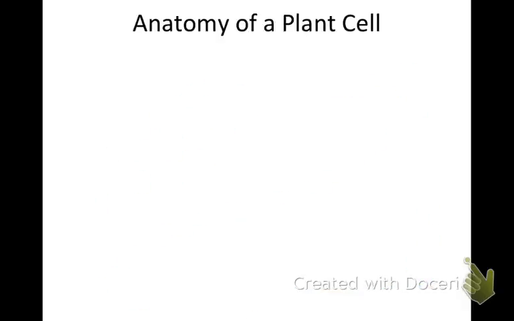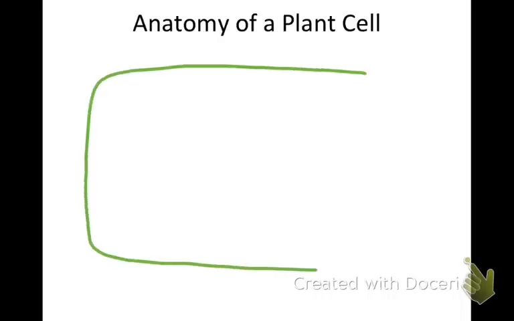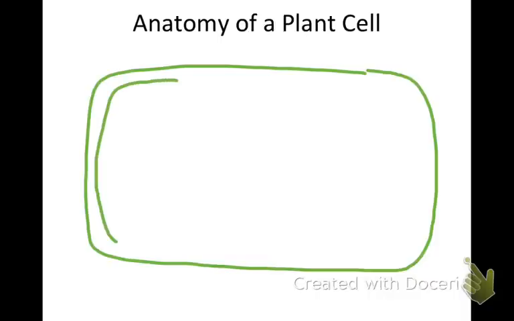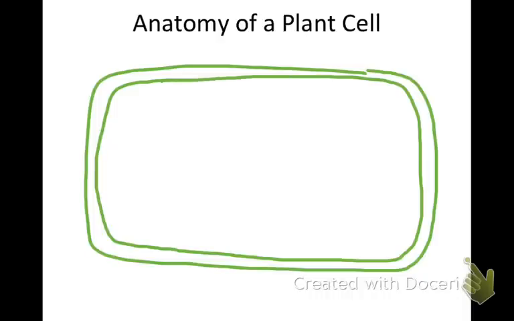One of the things that I want to focus on is the plant cell itself and the structures that are inside of it. So right here, this is my plant cell. First off, I have a plant cell wall. So let's actually make that.